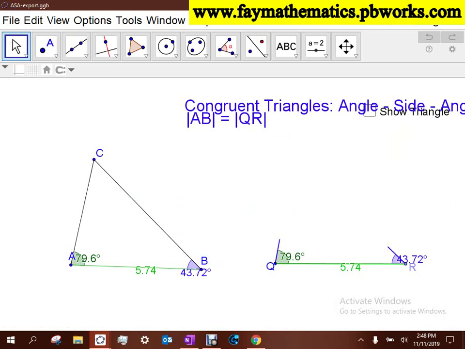If I give you that angle, and I give you this side, these sides are kind of cruddy being green, so let's make them red. I give you the red side of 5.74, and I give you this blue angle of 43.72. And those are the things that you use to reproduce an image over here, right? So I've guaranteed myself an angle of 79.6 here, and over here 43.72, and they are basically 5.74 units away from each other.